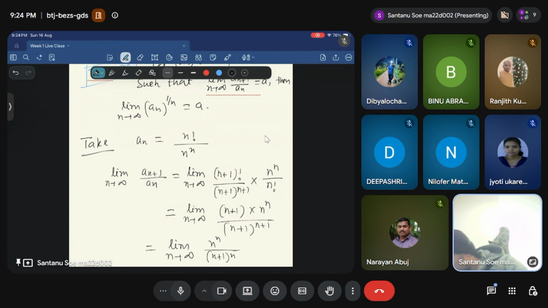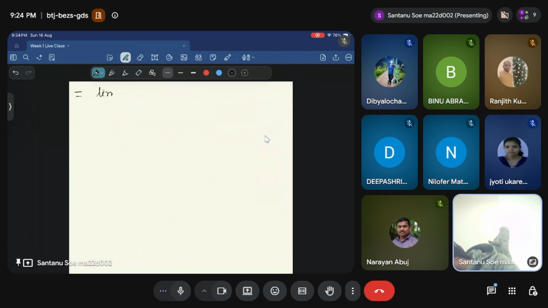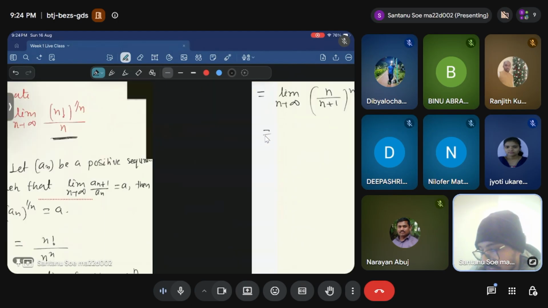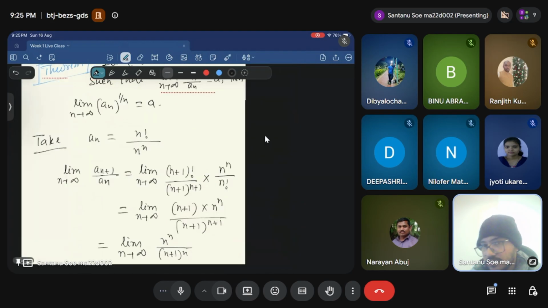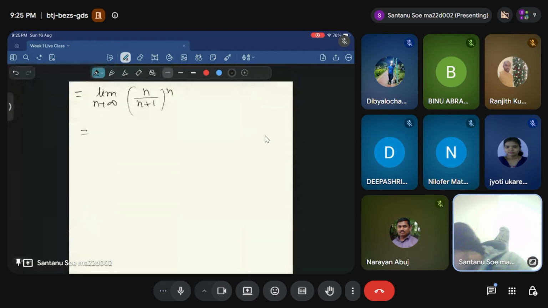And you can just take the power outside. So it will be n divided by n plus 1, to the power n. So this is 1 by (1 plus 1 by n) to the power n.